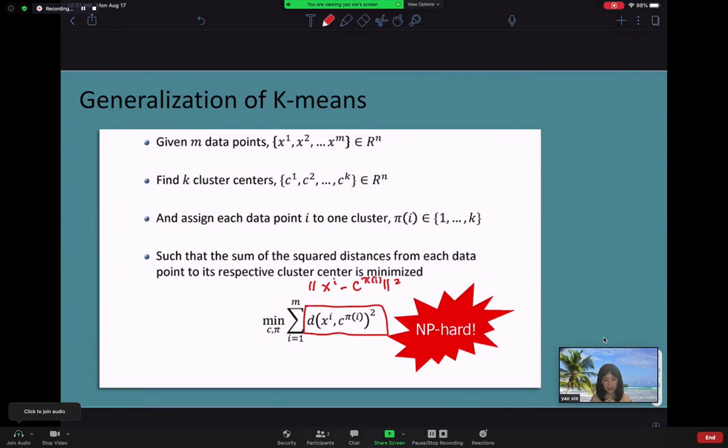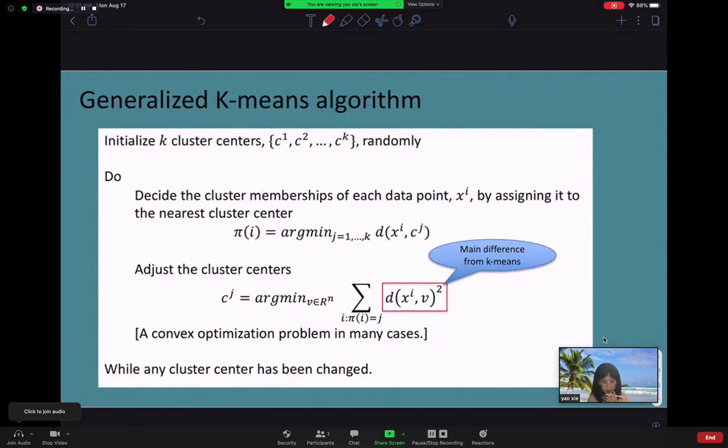Now we can replace this with the general definition of the similarity measure. Based on that, we're going to do a similar two-step iteration, very similar to k-means as before, but this time it's generalized k-means. We're going to initialize k cluster centers randomly and decide the cluster memberships of each data point. But this time the assignment is going to be based on this choice of similarity measure, this new d instead of the L2 distance.